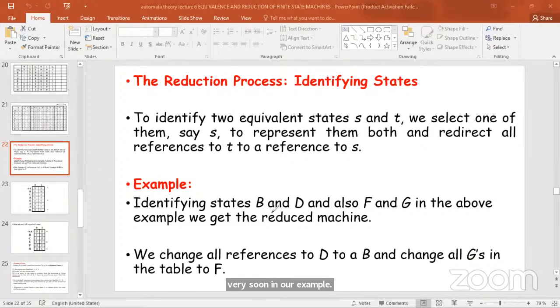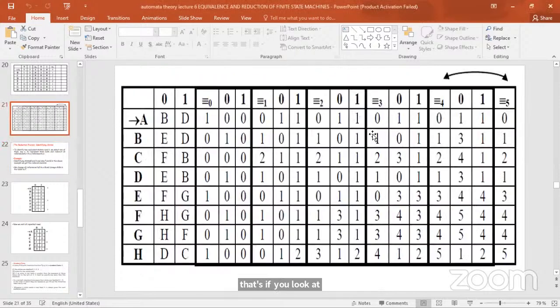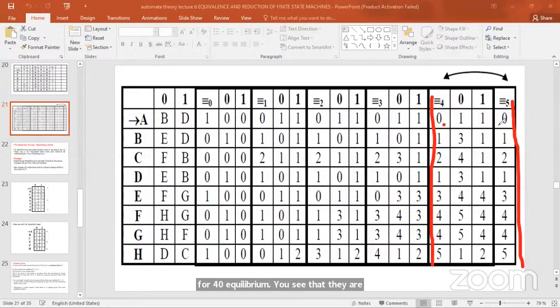Example: identifying states B and D. If you look at this diagram, the equivalent state we did earlier, when you look at equivalence 5 and you look at the fourth equivalence, you see that they are alike: 0, 0, 1, 1, 2, 2, 1, 1, 3, 3.